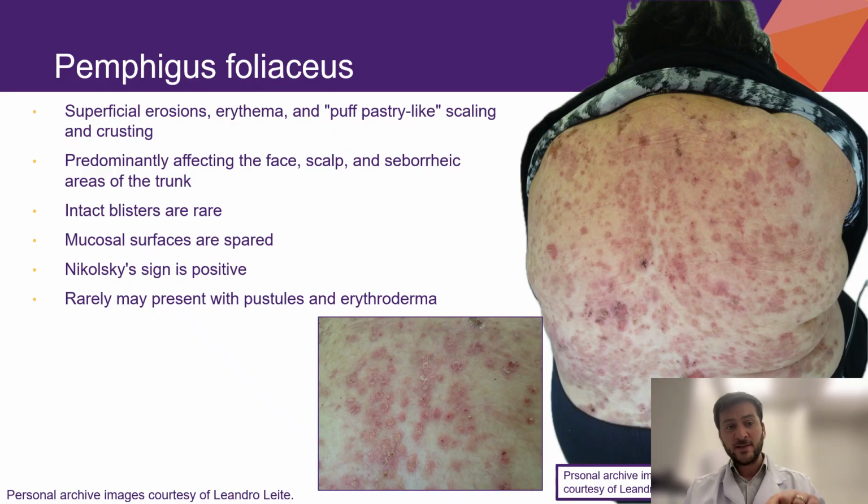And in this case, the mucosal surfaces are spared, and you can see Nikolsky's sign is positive here, as it is in pemphigus vulgaris when both diseases are active, but rarely it may present with pustules and erythroderma.